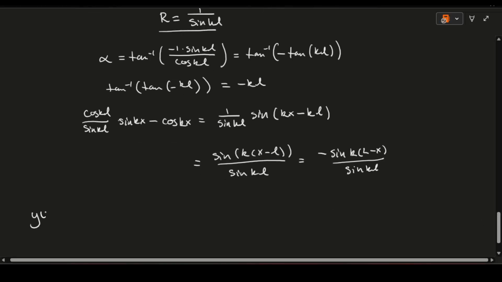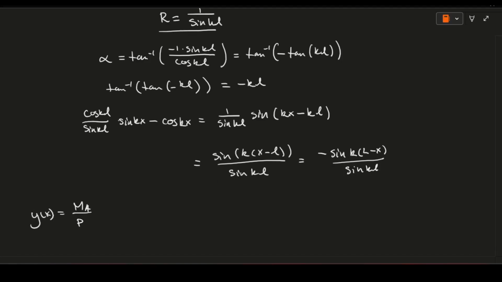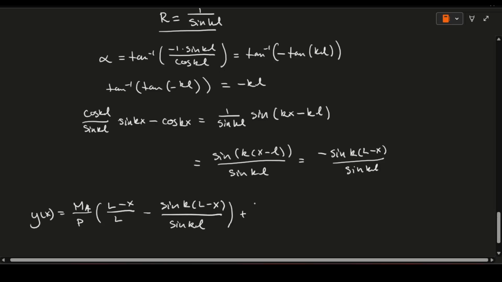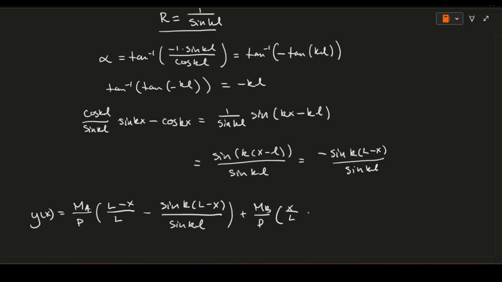So y of x then becomes MA over P times L minus X over L minus sine K times L minus X all over sine KL, plus MB over P times X over L minus sine KX over sine KL.